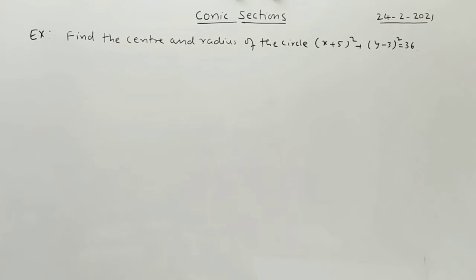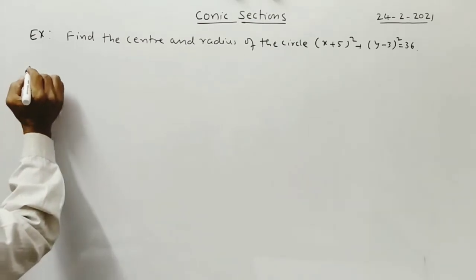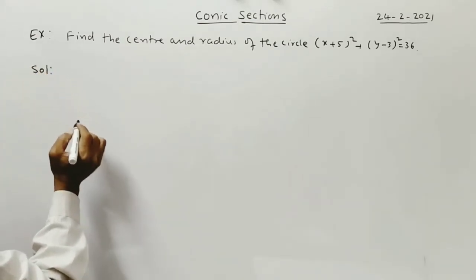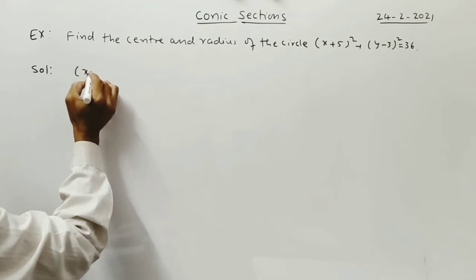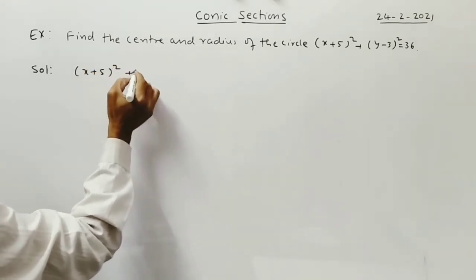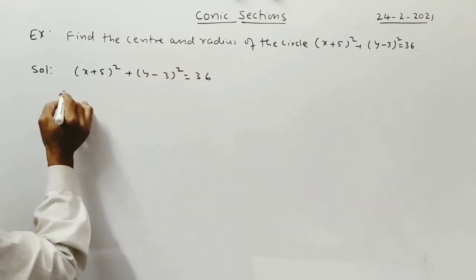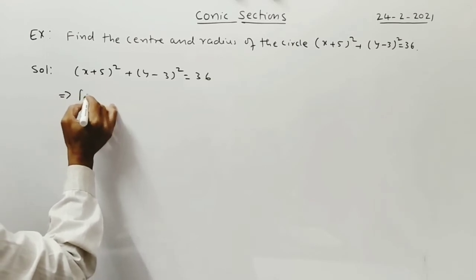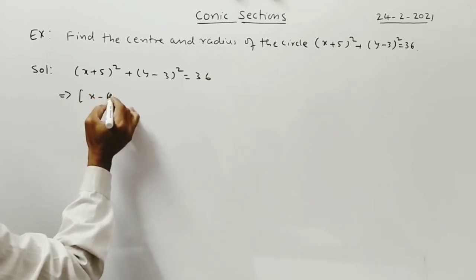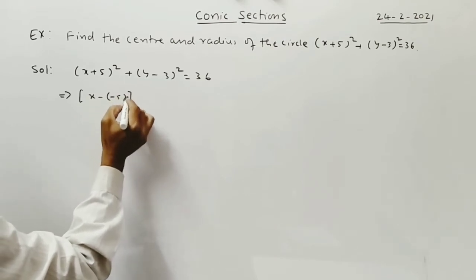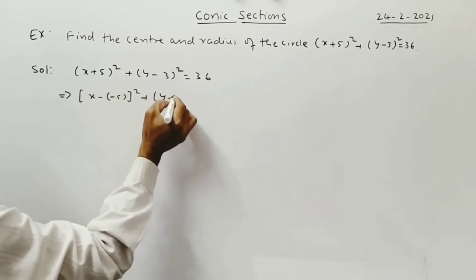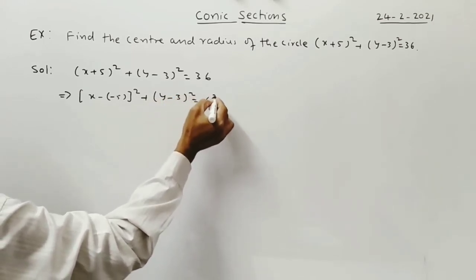Next example: find the center and radius of the circle x plus 5 whole square plus y minus 3 whole square is equal to 36. Solution: this can be written as x minus of minus 5 whole square plus y minus 3 whole square is equal to 6 square.